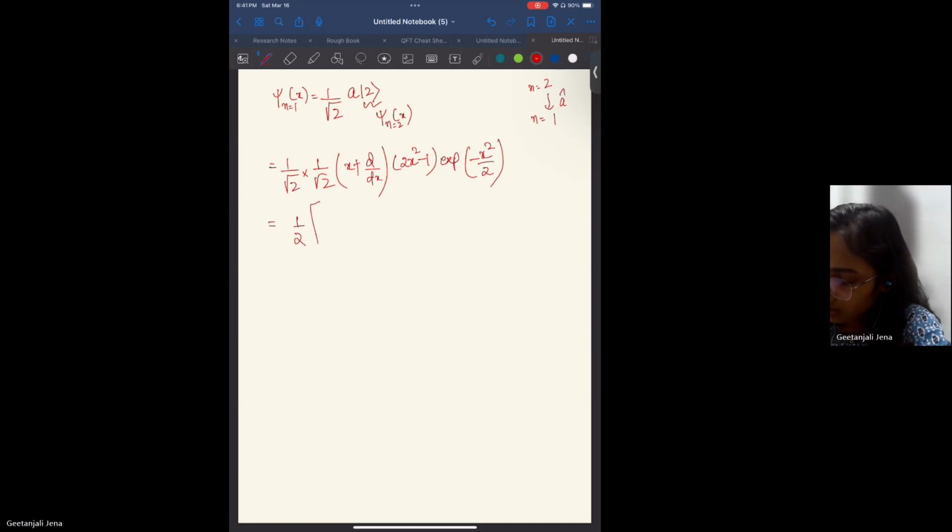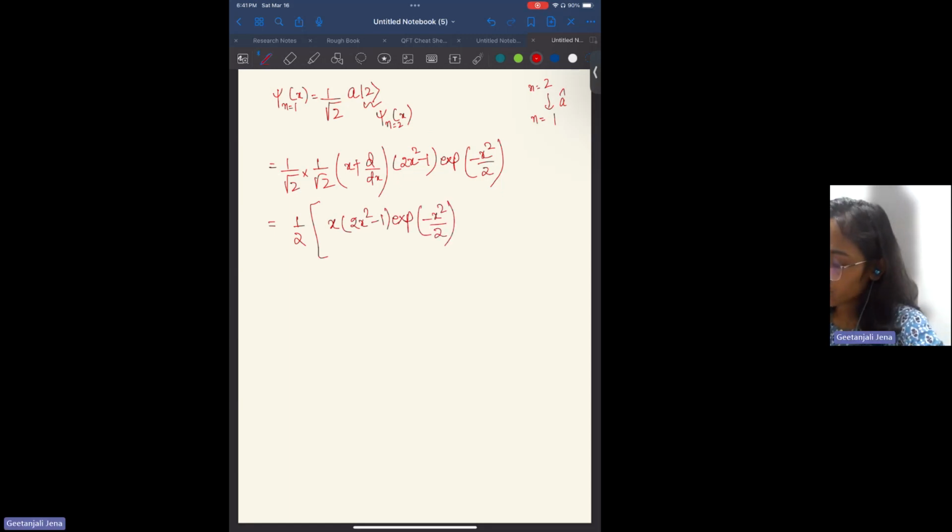So this you can easily solve. Let me solve it quickly. This will remain unchanged, and this one is d by dx of 2x square minus 1 exponential minus x square by 2.